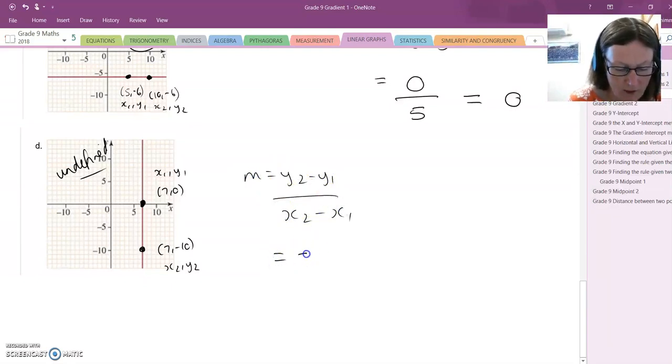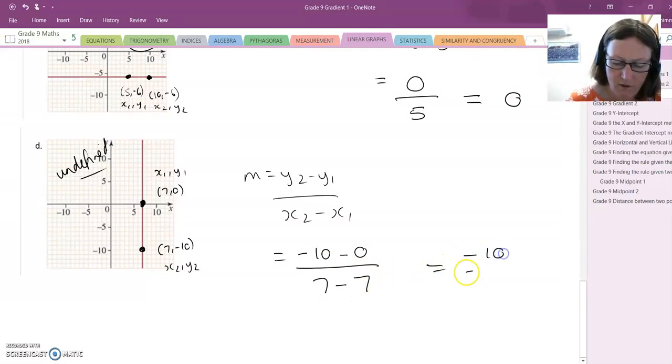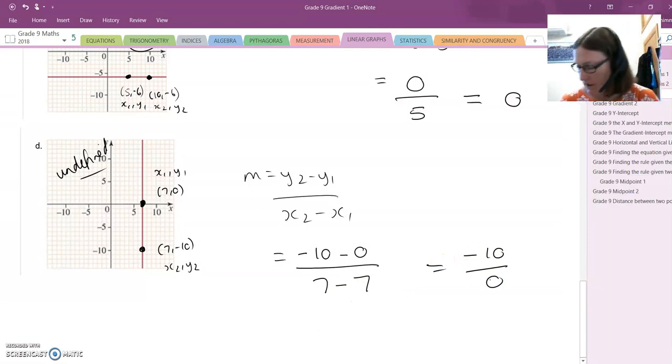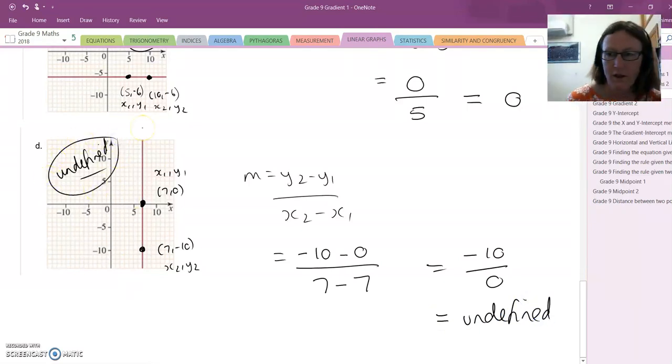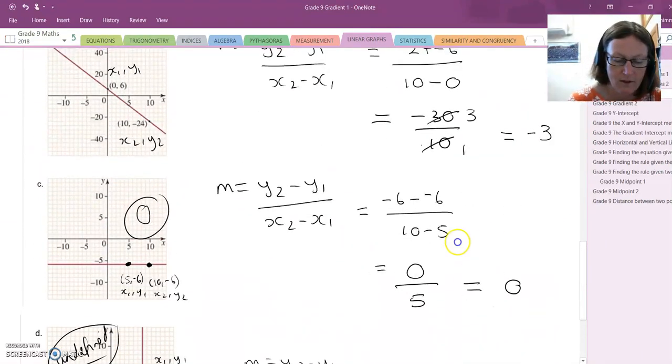So y2, so negative 10 subtract 0. x2, 7 subtract 7. So this gives me negative 10 over 0. You put negative 10 divided by 0 into your calculator and it will say maths error. So anything divided by 0 is undefined. It's maths error, undefined. And we're expecting that because we learnt last year that a vertical line's gradient is undefined.